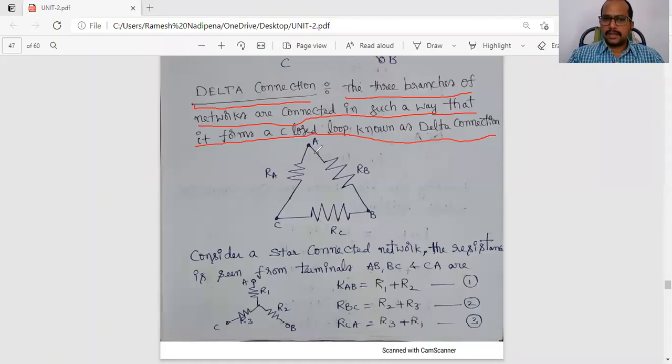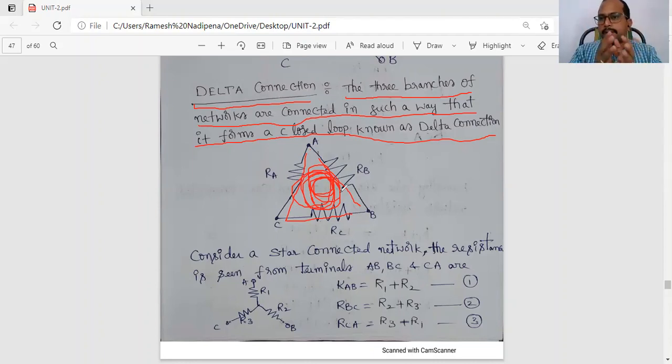Here, this is the first branch, second branch, third branch. These branches are connected in such a way that they form a closed loop. This is the closed loop. It is known as delta connection. Very simple. Closed loop means delta.